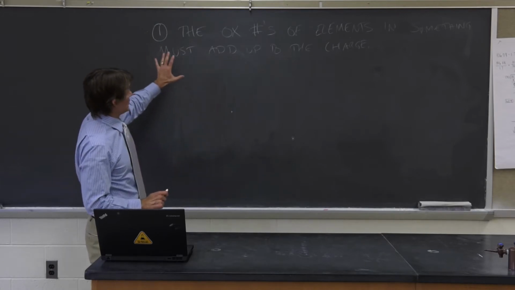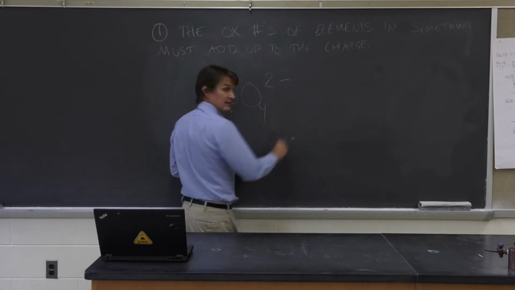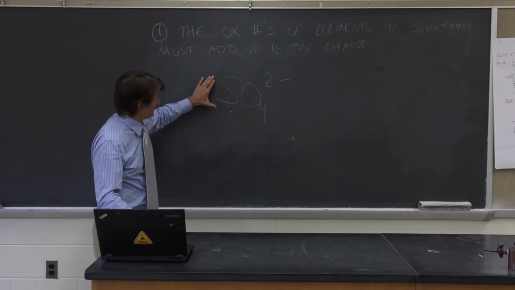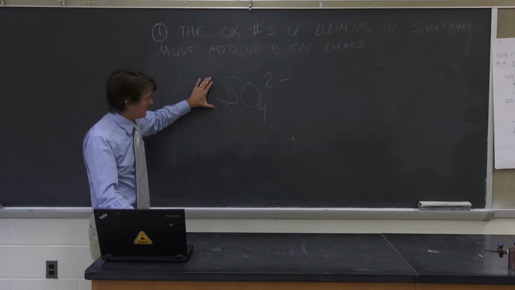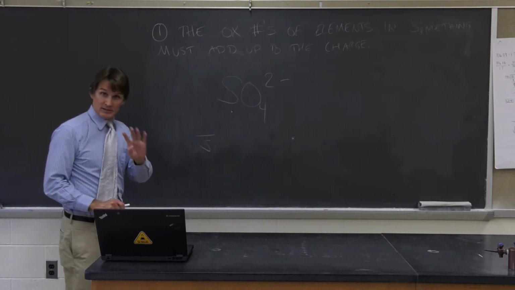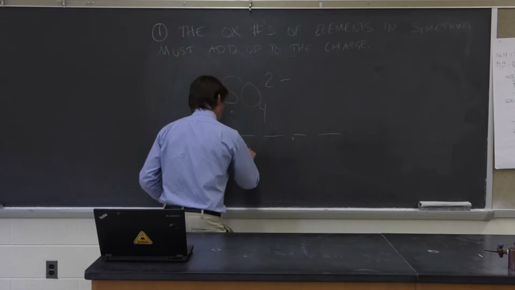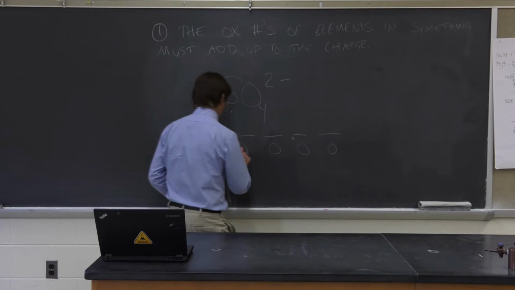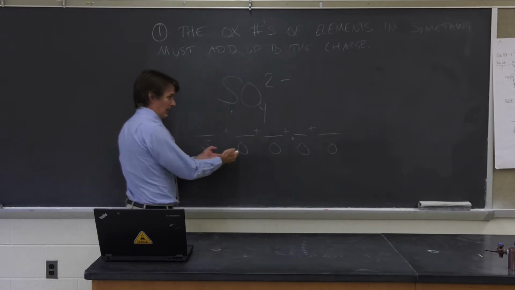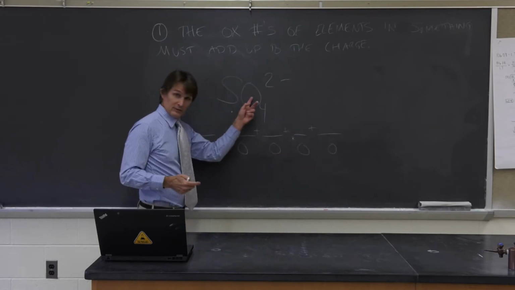So let's look at this particular rule here. Let's say I'm looking at the sulfate ion, and we're not going to go through the whole thing yet, but we're going to sort of apply rule 1 to this. When I look at sulfate, I see 1 sulfur, and I see 4 oxygens. And what I'll be doing is assigning oxidation numbers to the sulfur and the oxygens, and all the oxygens are going to get the same oxidation number because I can't tell the difference between these oxygens.